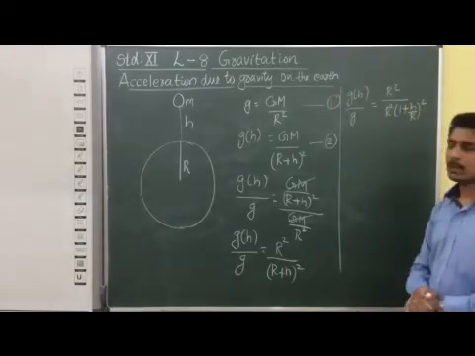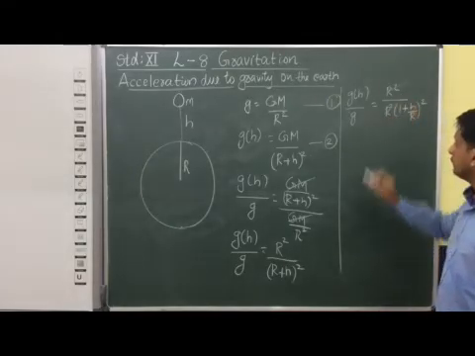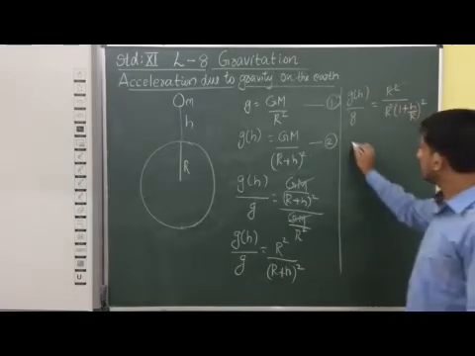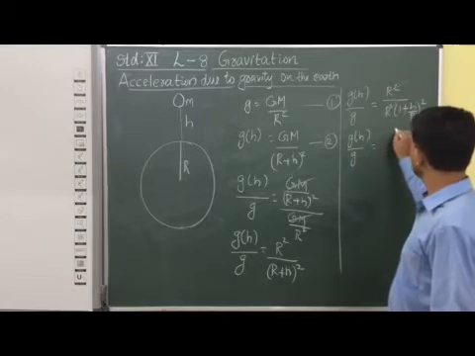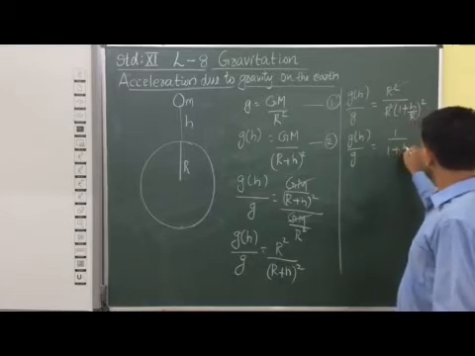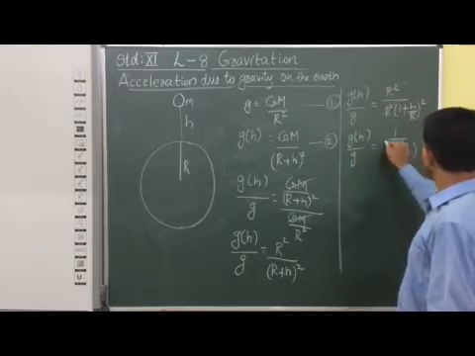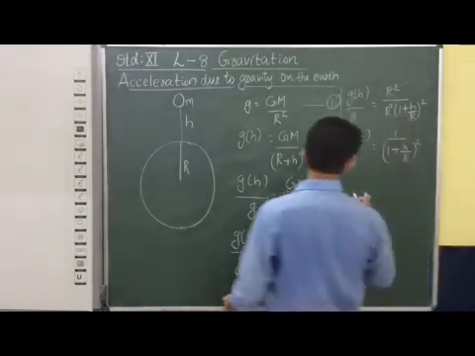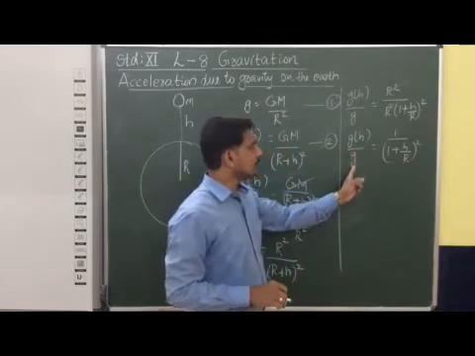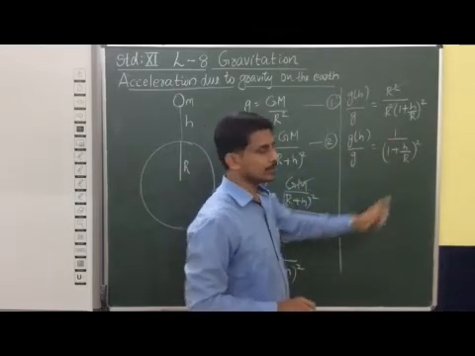The r square cancels, so our equation becomes g of h divided by g is equal to 1 divided by 1 plus h by r all square.